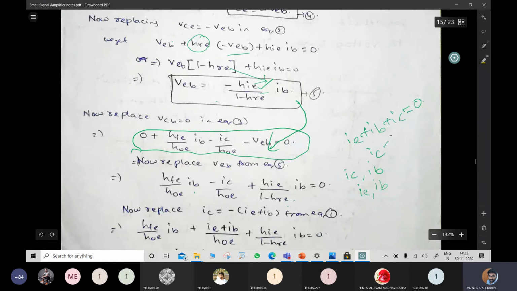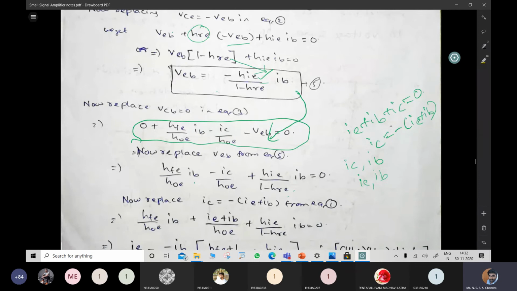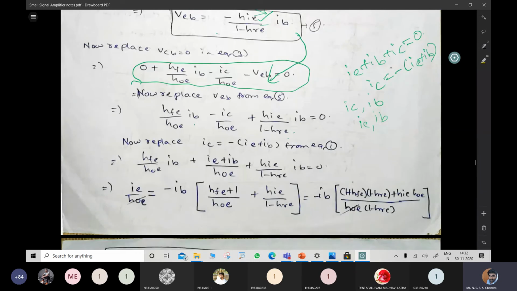From this we will be writing IC equal to minus of IE plus IB and then replace it again in this equation. So now you are left with only two currents, IE and IB. So you are going to get a relationship between IE and IB.